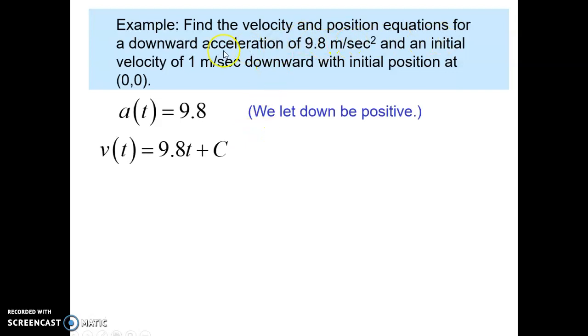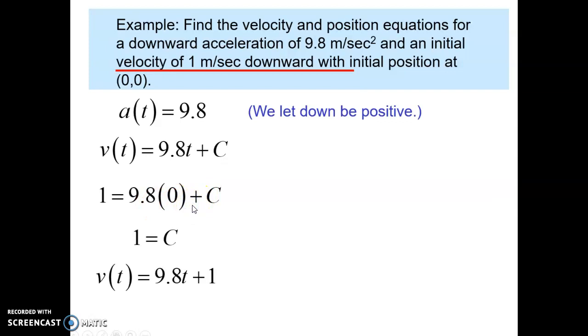But we're given that the initial velocity at time equals 0 is equal to 1 meter per second. So I know that the velocity will be 1 when the time is 0, so the c value here would be 1. So my velocity equation would be 9.8t plus 1.